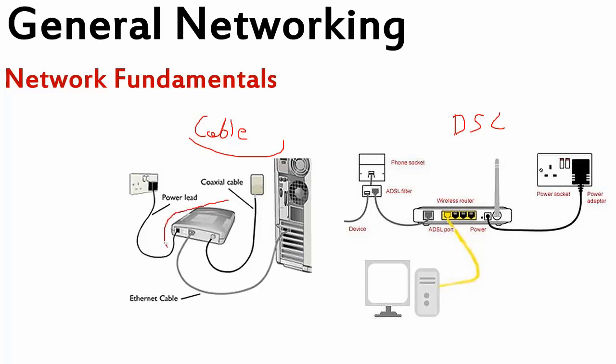You need a modem, and that's a big difference. In most cases you cannot really get rid of this thing, you have to keep it. You can connect your own router, but in most cases you have to keep this device.